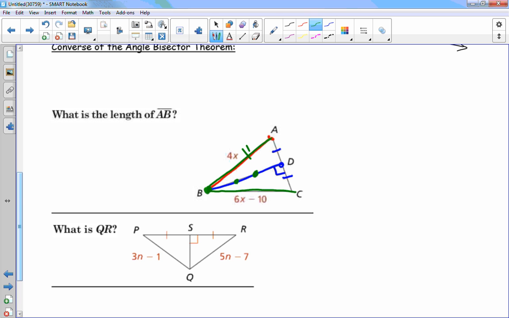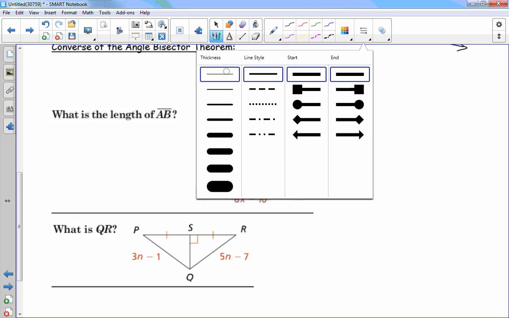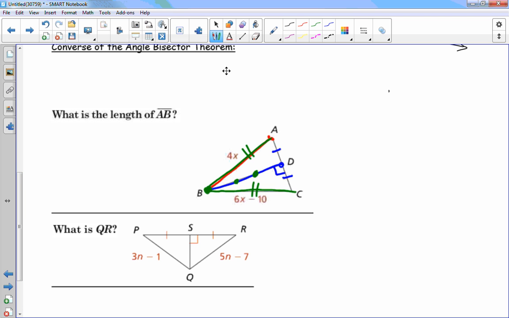Equal. This has to be congruent to this. So if we wanted to find x, how would we find x if we know those two sides have to be congruent? Good. Set them equal: 4x equal to 6x minus 10.